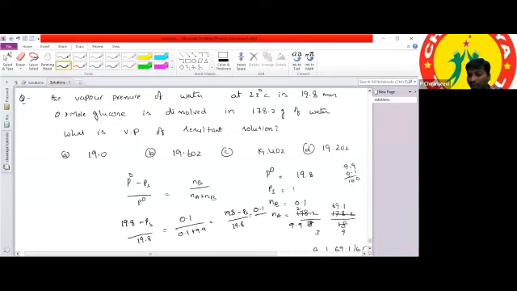So 0.1 divided by 10 we can write as 10 power minus 2. We can write that, right?